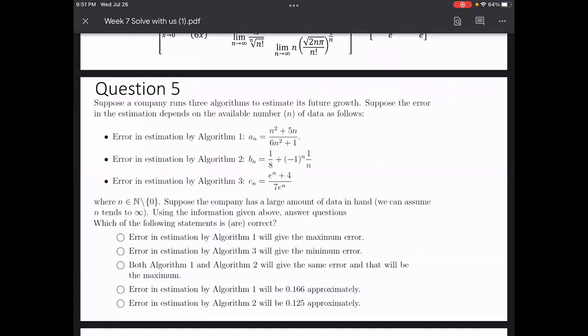Suppose the error in the estimate depends upon the available number of data points. So there are 3 algorithms, right? Now, you have a very large amount of data. That means n tends to infinity. You have infinite data.